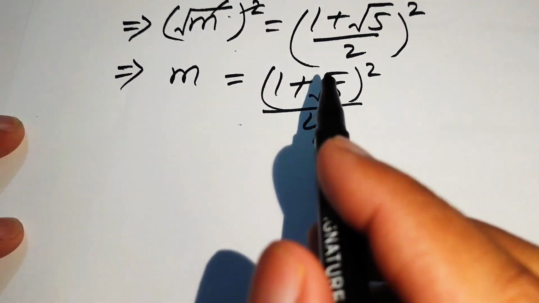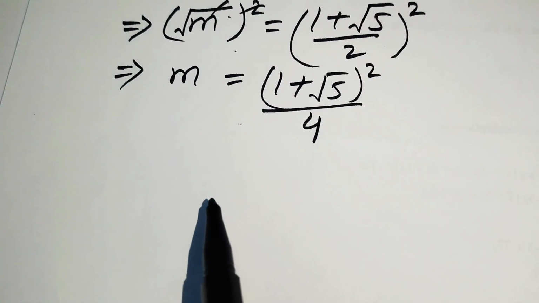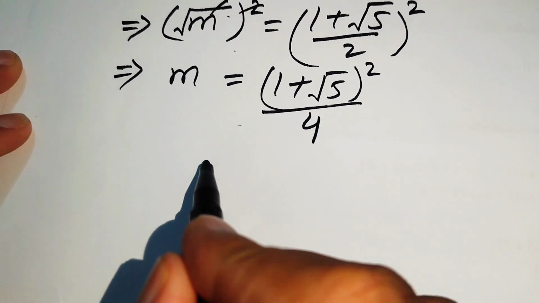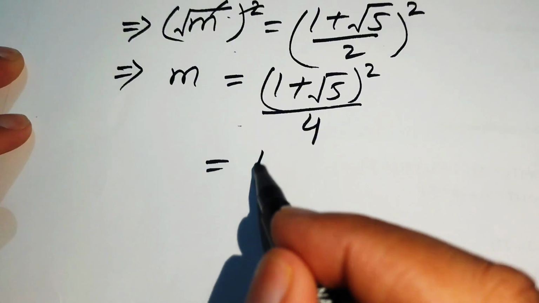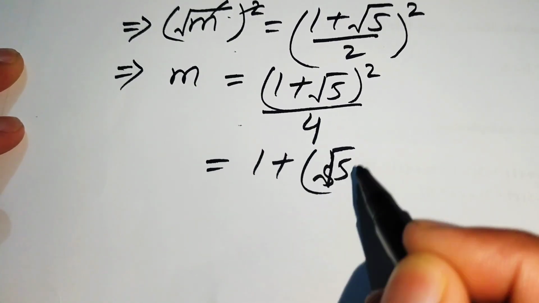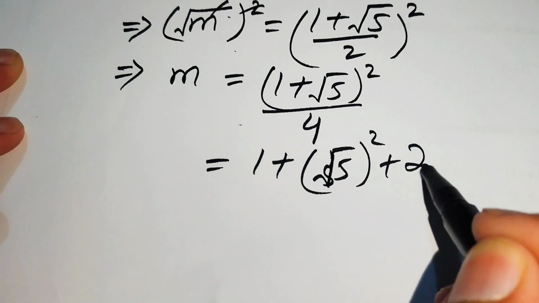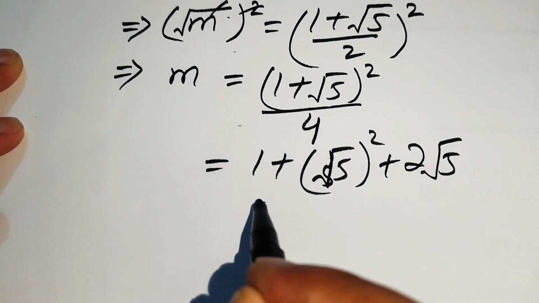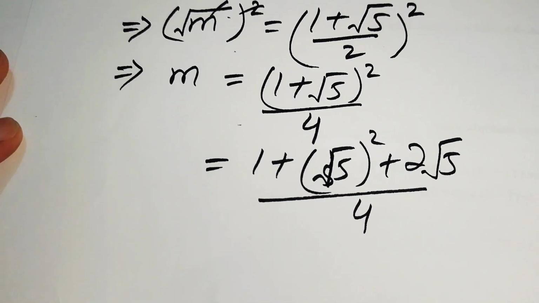So in the next step we just open the square in the numerator term. When we open the square of this term, it will be written as a square plus b square plus 2 times ab, divided by 4.